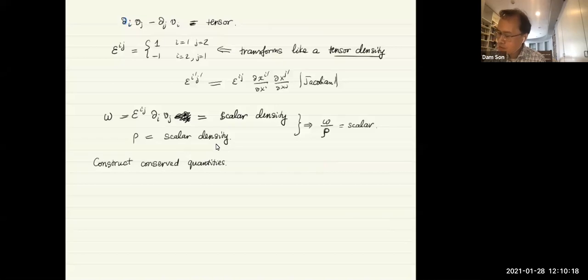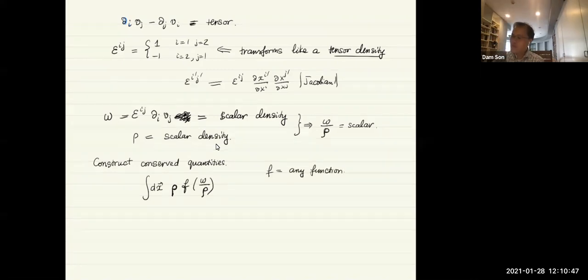So let me show that if I have a quantity that looks like this, integral over x of rho times any function f of omega over rho, then it would be conserved.